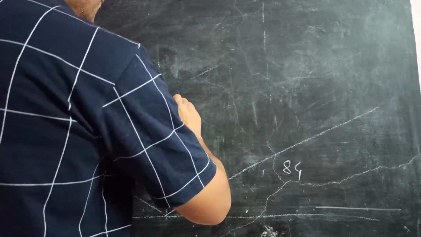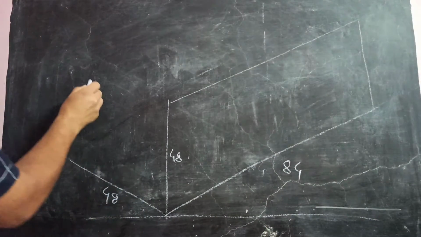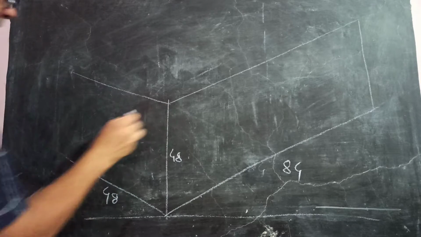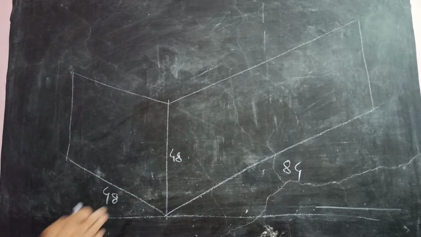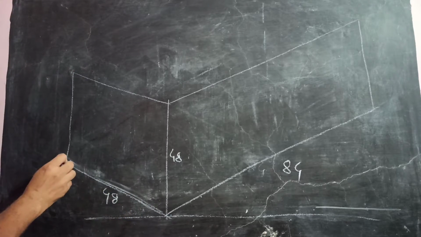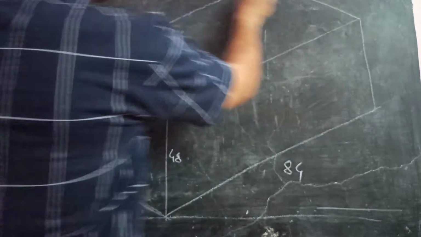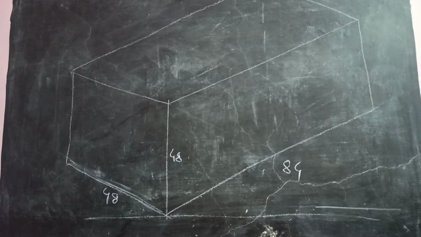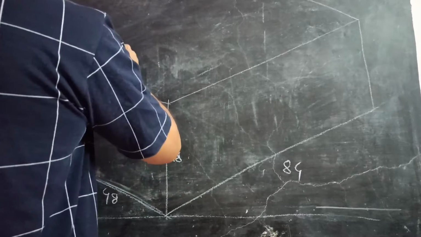So you can complete this box by 48. So this is the box 48 by 48 by 84.